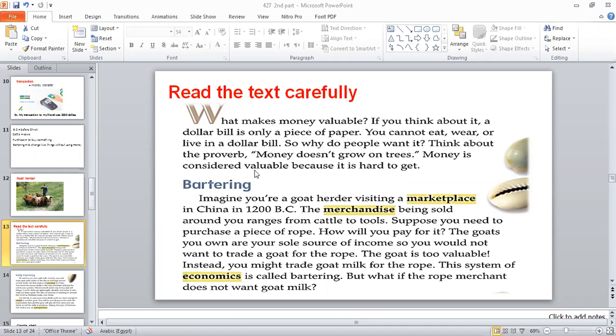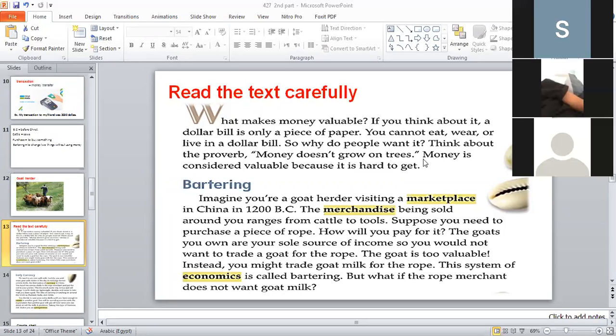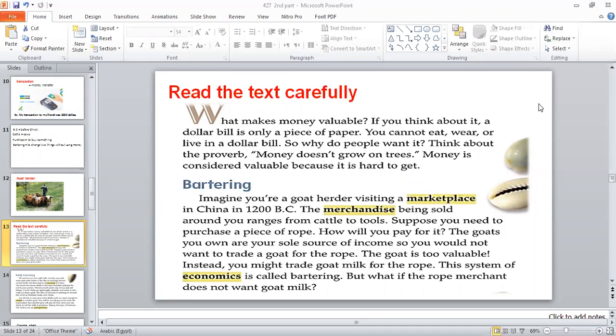Think about the proverb: money doesn't grow on trees. Money is considered valuable because it is hard to get.